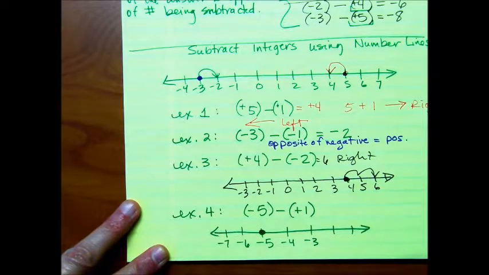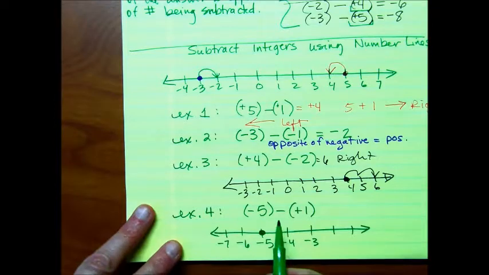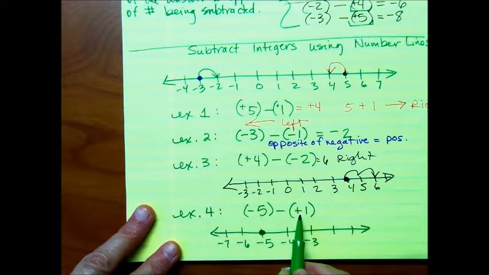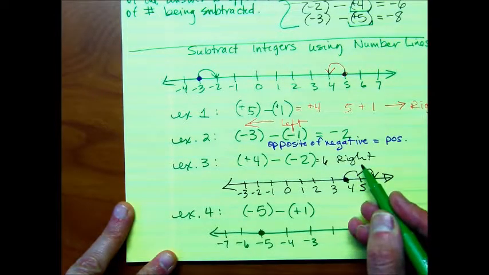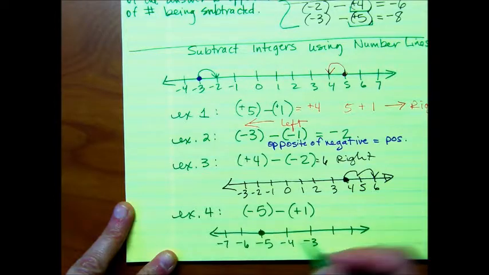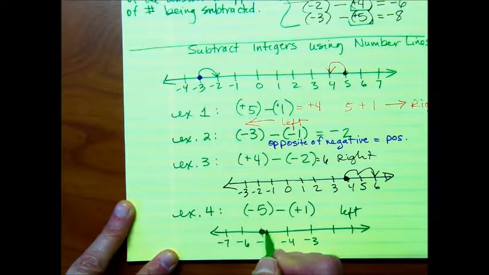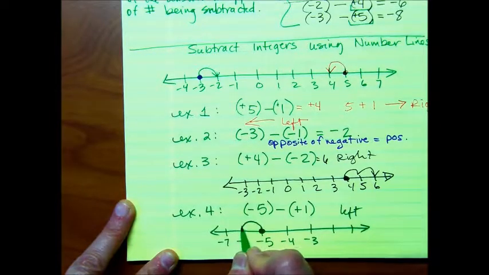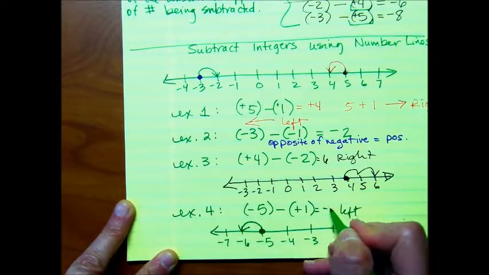Okay, now do I go to the left or to the right? Well, here's the thing. I want to do the opposite of the positive. Now, opposite of positive is negative. So now that's going to be different from what I've done in the past. Instead, I want to go to the left. All right. So the opposite of the positive is the negative, and so I'm going to the left, and I'm going to get a negative 6.